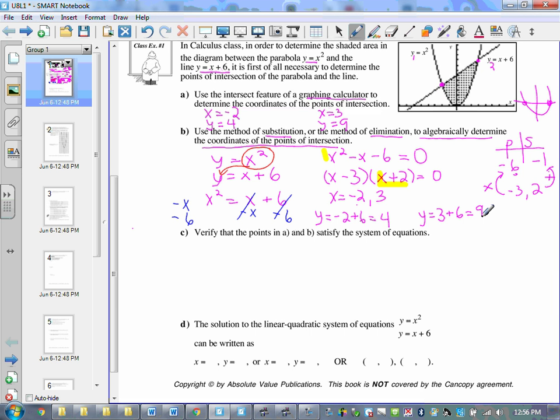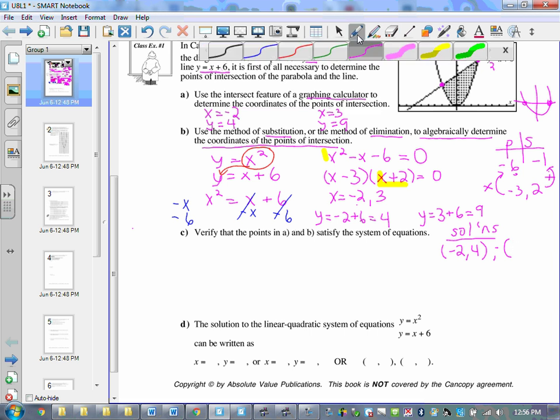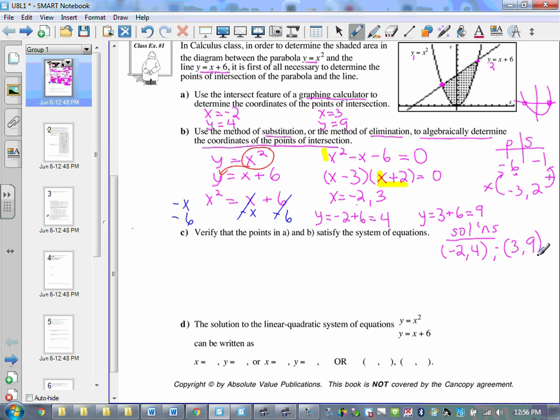So that's looking a little messy. We could report our solution as ordered pairs. So our solutions are (-2, 4) and (3, 9). There's our 2 solutions.